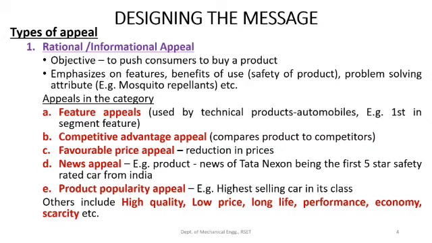Another one is car of the year award. That is an award that can also fall under the news appeal, where a particular car has been awarded the best car of the year. So product popularity, news appeal, favorable price appeal, competitive advantage appeal, features appeal, etc.